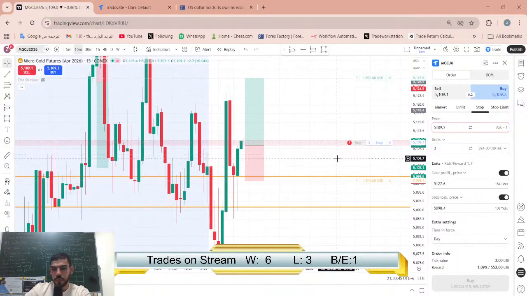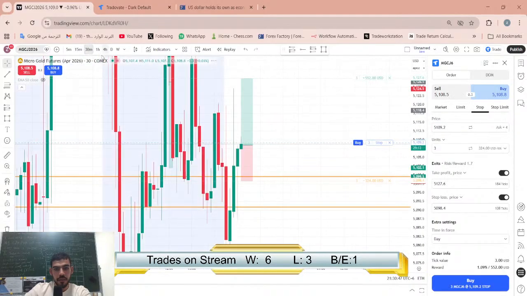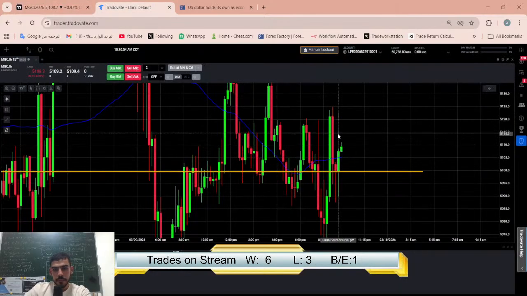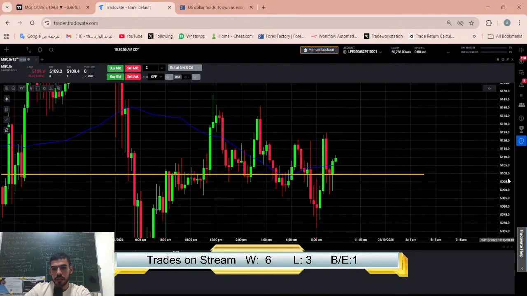Just need a bottom wick. Come on, gold. Give us this nice bottom wick.